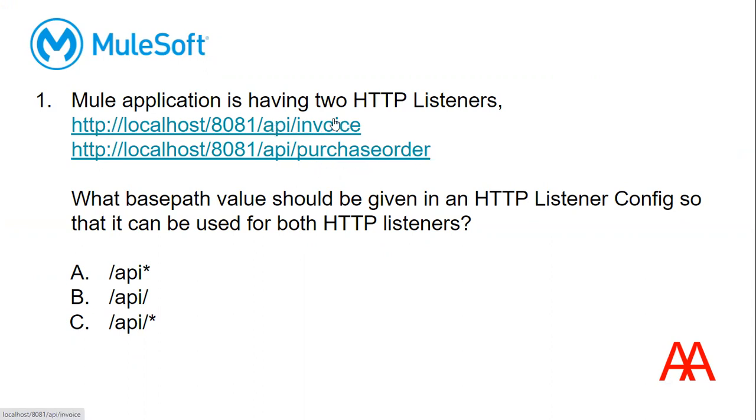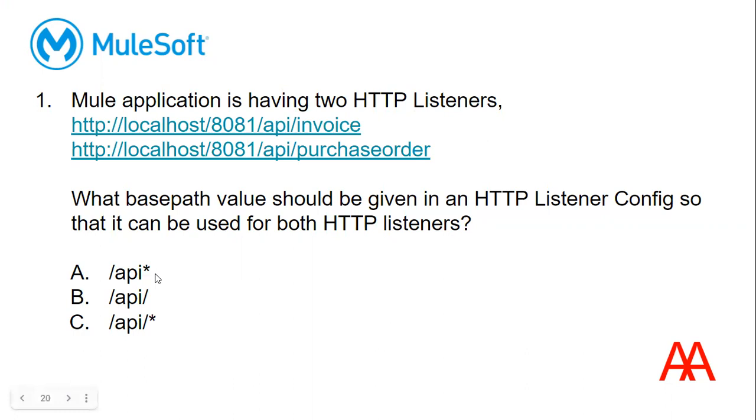What base path value should be given in an HTTP listener config so that it can be used for both HTTP listeners? The goal is to configure one HTTP global element that we can use for both.